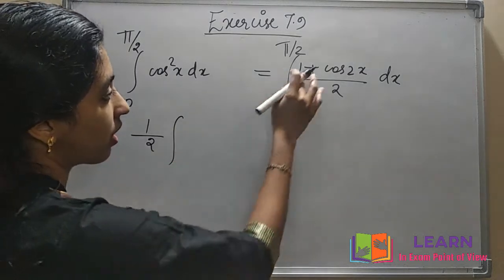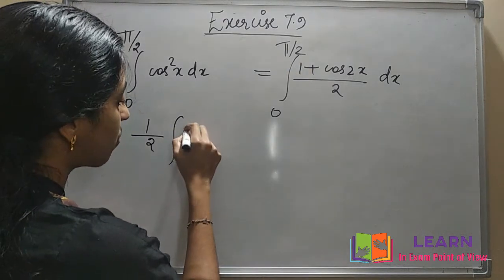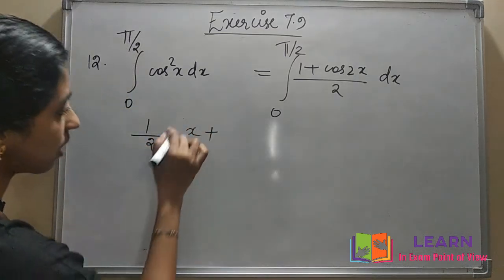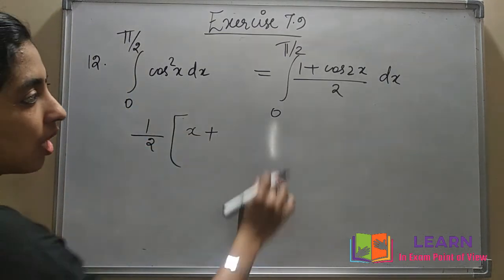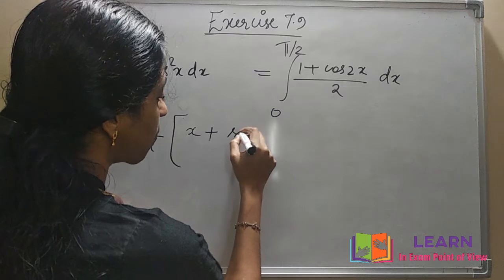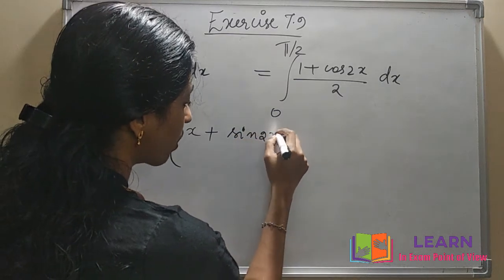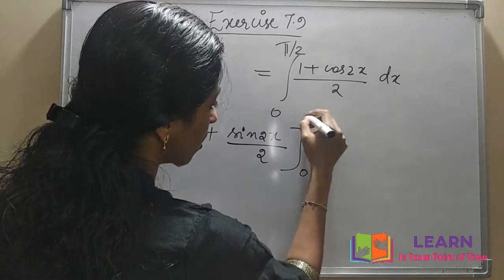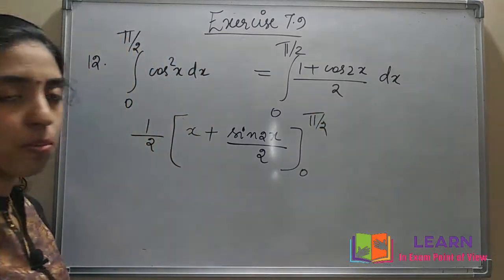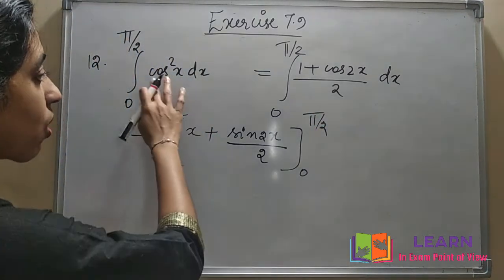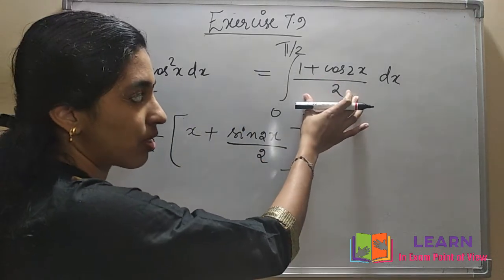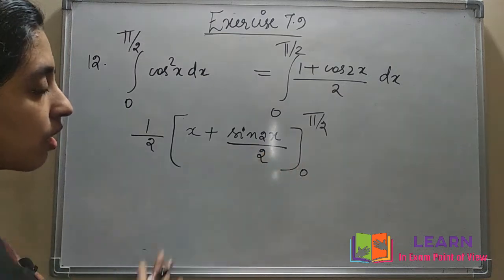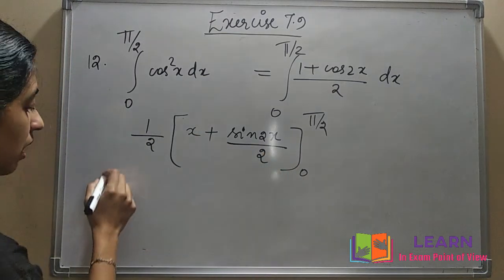Then integrate: integration of 1 is x, plus integration of cos 2x is sin 2x by 2, within the limit 0 to pi by 2. Hope it is clear, right? Cos square x can be written like this, then half take outside and integrate it. Now apply the limit.